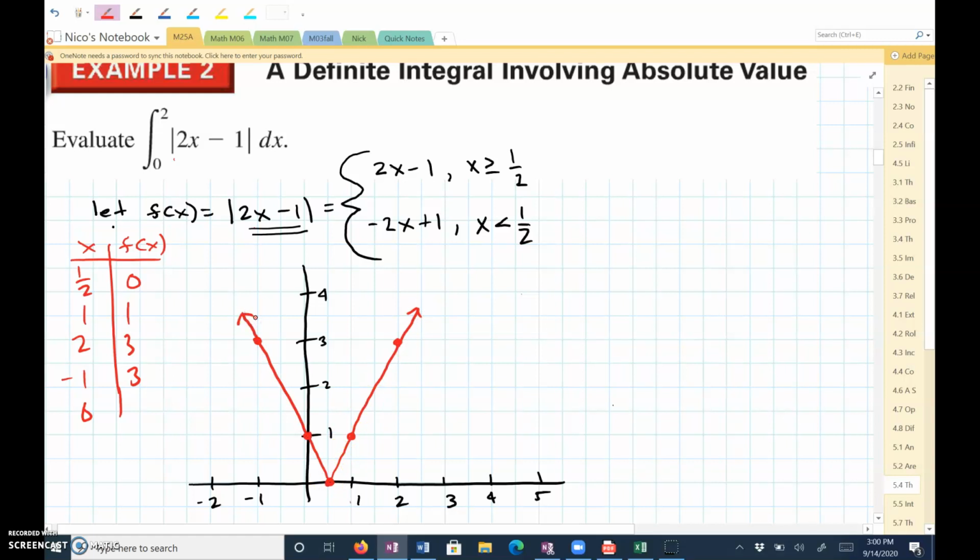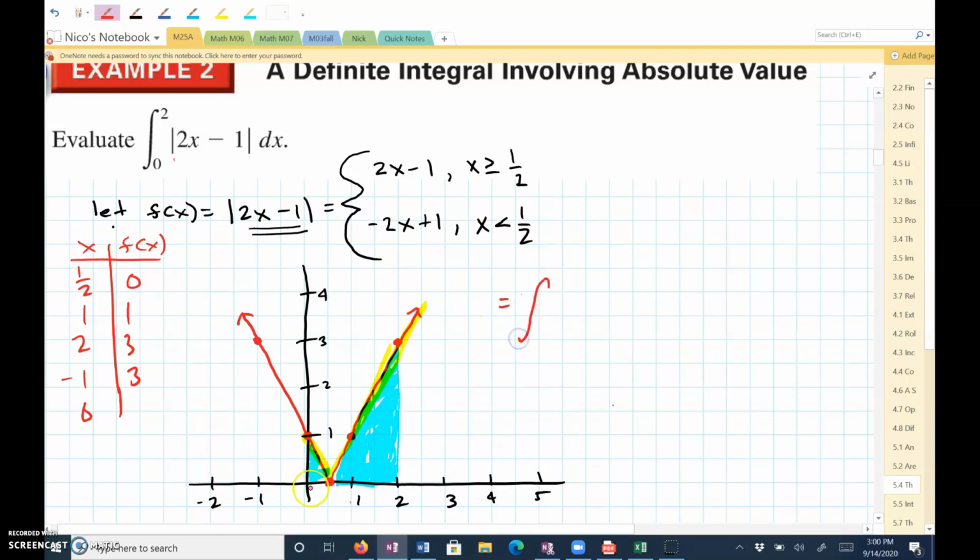Okay? So now I just care about this part of the graph. I want the area here and here, to 2. All right, so I'm going to set this up this way.